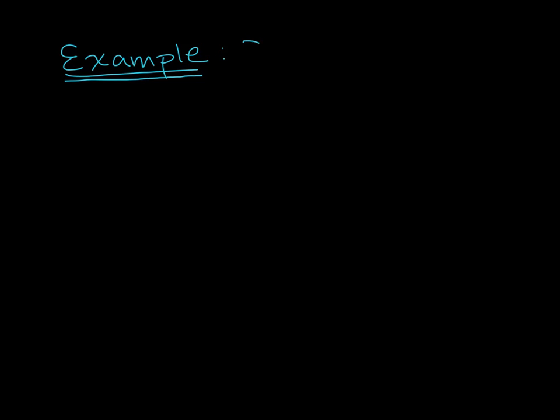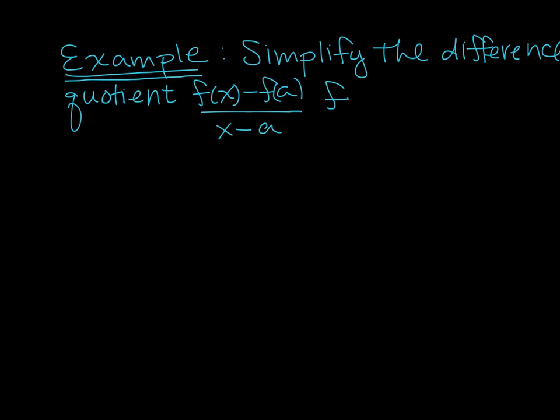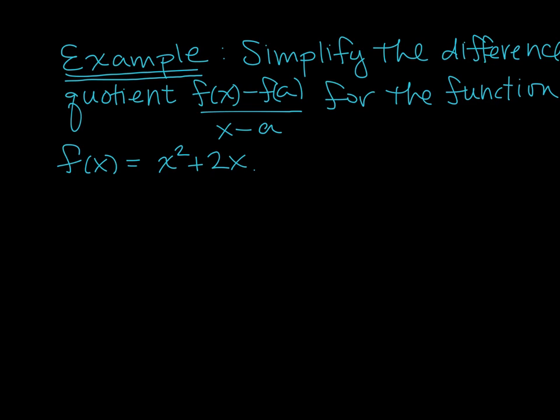So we want to simplify the difference quotient f of x minus f of a all over x minus a for the function f of x equals x squared plus 2x.